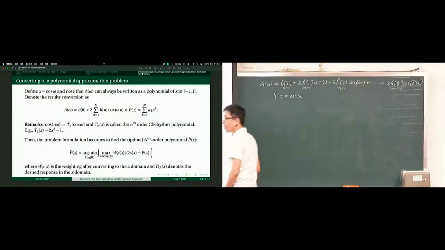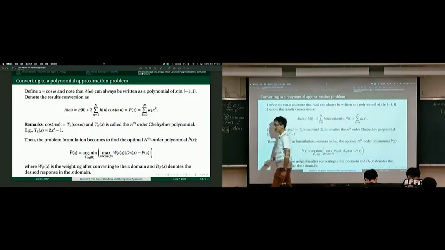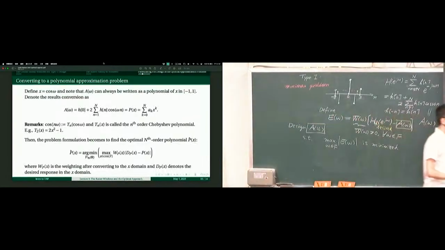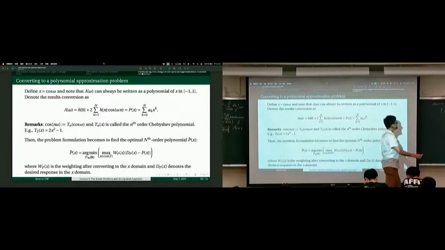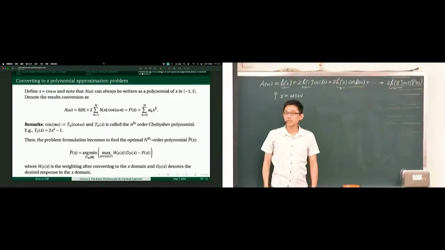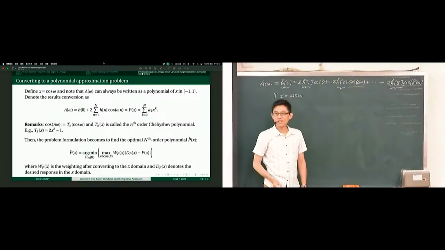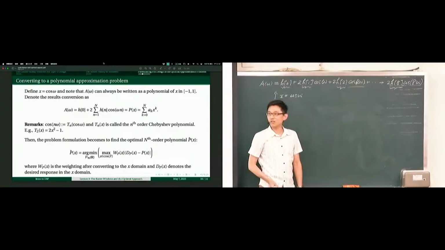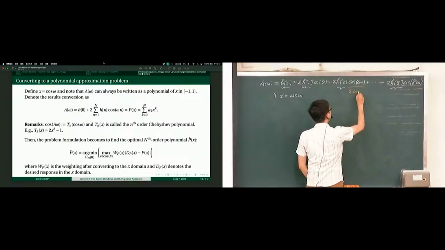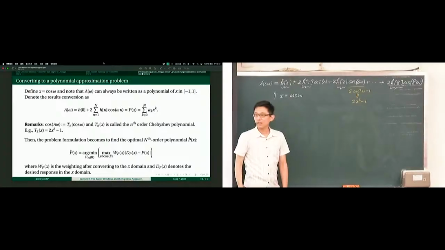The way we do that is using trigonometric identities. What is cosine 2 omega? Can anybody tell me? It is 2 cosine squared omega minus 1, right? So that's 2x squared minus 1. And so on and so forth.